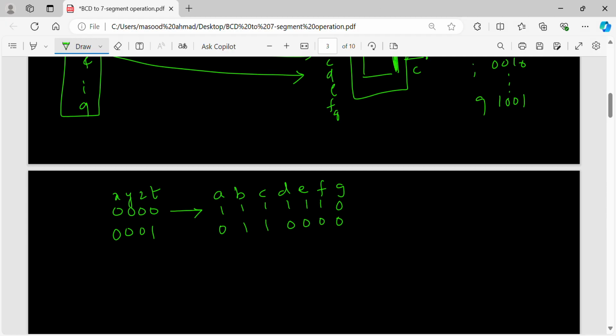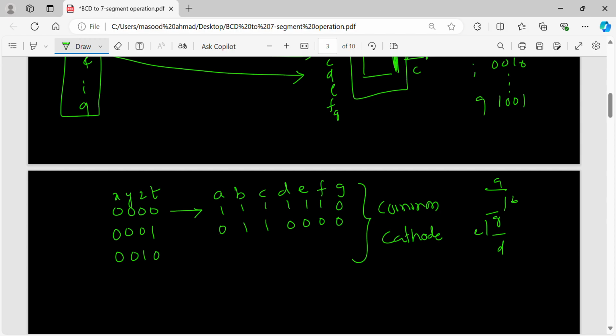This is how you should work it out. If I give 2, 2 has to display. How will 2 be? 2 will be like this. So which segments? A, B, D, E, G. So the rest all should be 0. Likewise, I need to work it out, for common cathode type.